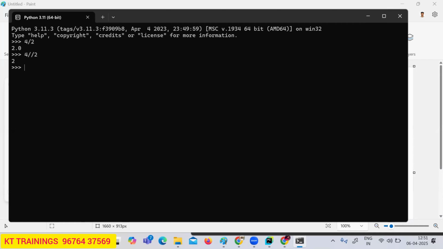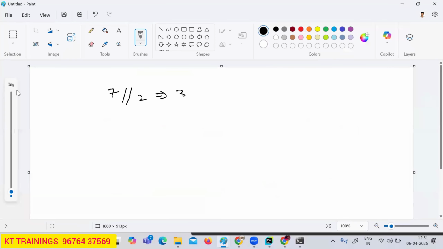Only 2. 7/2, what is the answer? This is the floating operator. Floor division means 7 double slash 2, what is the answer? 3. If you want to fetch only the integer part, you get exactly 3. Am I clear?